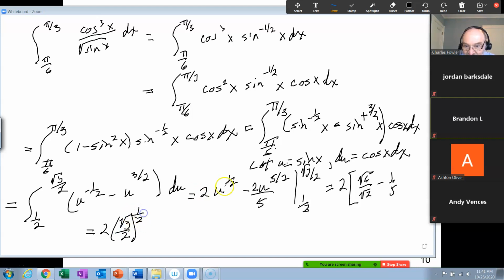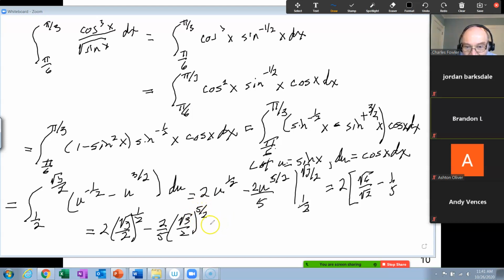Okay, that's exactly what we got there. Minus 2/5 times the square root of 3/2 to the 5/2 power. And this is just messy.